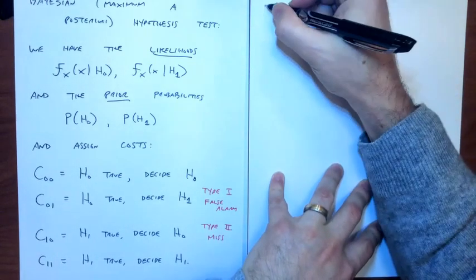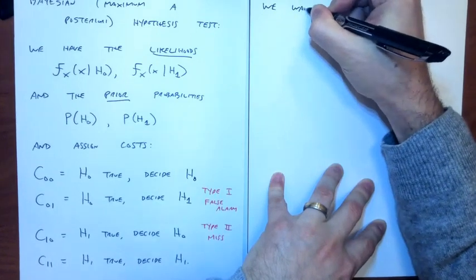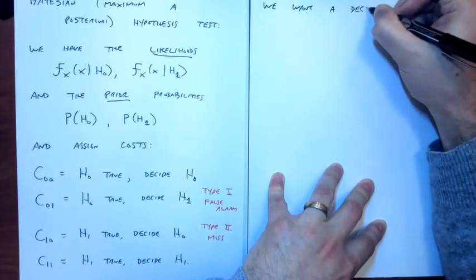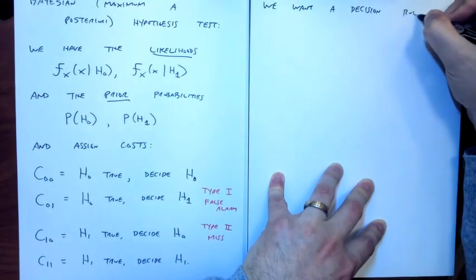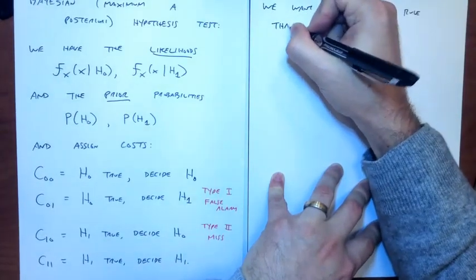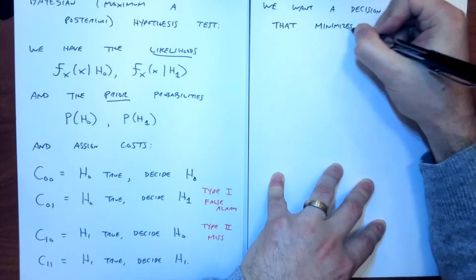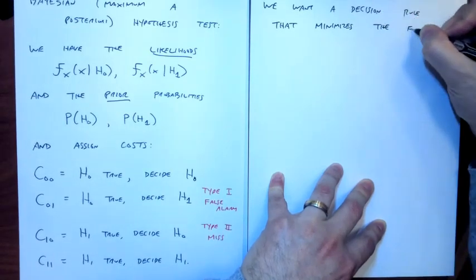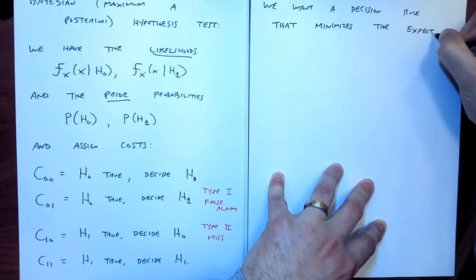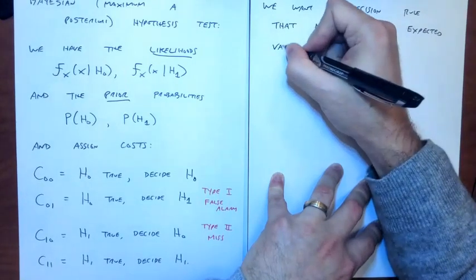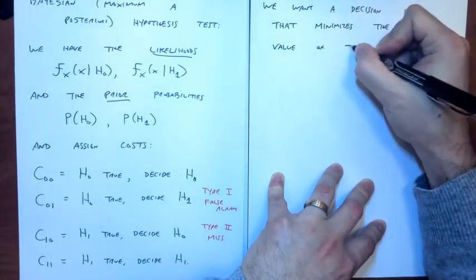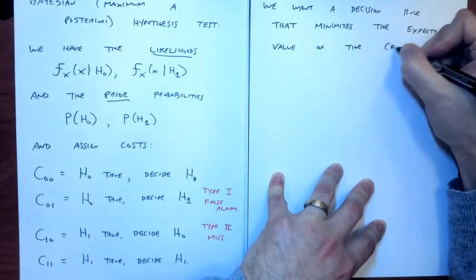So we want a decision rule that minimizes the expected value of the cost, right?